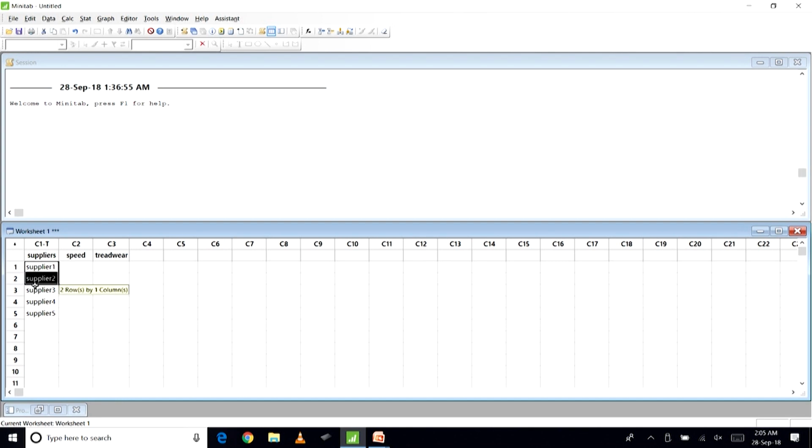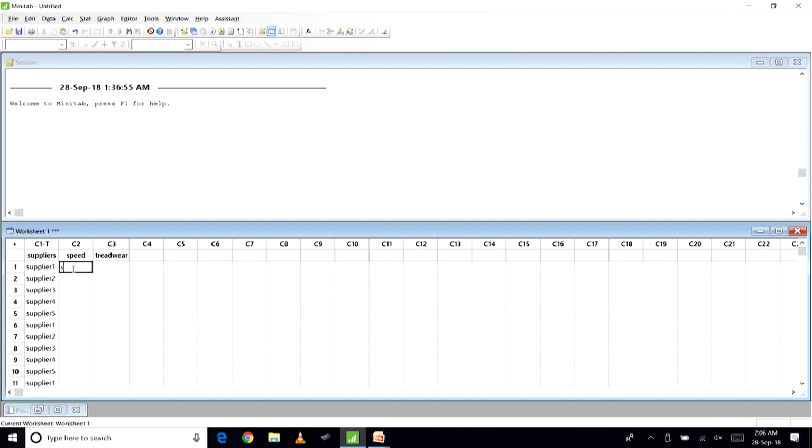And in fact, this is to be repeated several times, because there are a total of 15 observations. So, 15. Let us look at speed.